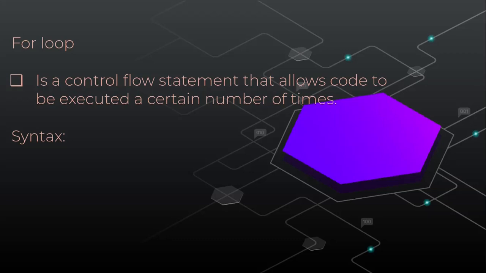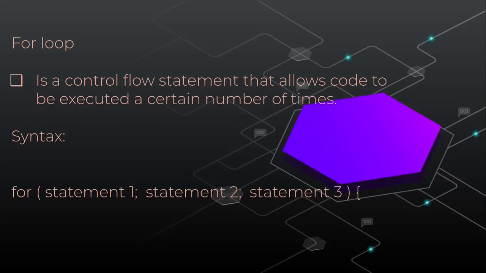The syntax is that you're going to have a for keyword, and then you have statement one. What statement one is, is something you get to ask yourself even further. Statement one is where you declare a variable that is scoped to this for loop block.